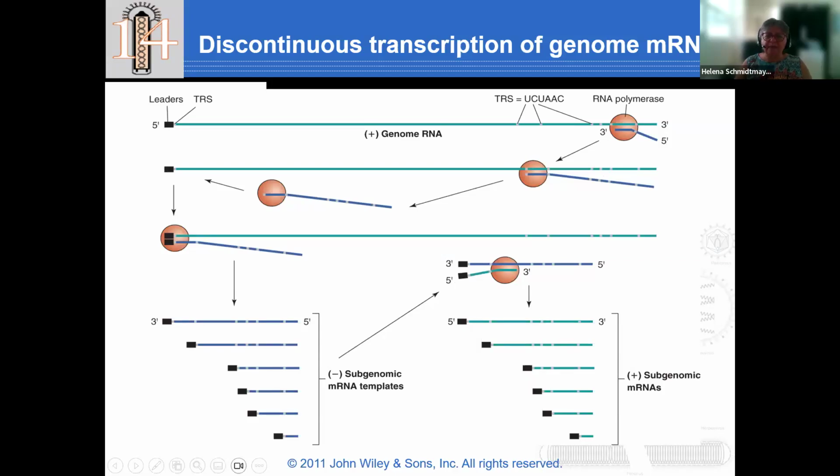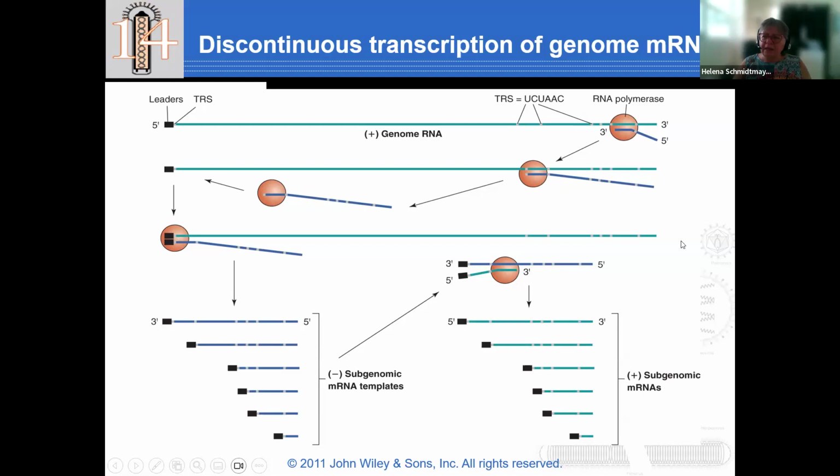So here it is. If you look at the 5' end, we have the leader and the TRS sequence, which is on the 3' end of the leader. TRS means transcription regulating sequence. Now here is gene 1, and here are genes 2 up to 7. Each of the structural genes, 2, 3, 4, 5, 6, 7, on its 5' end also has a TRS, transcription regulating sequence.